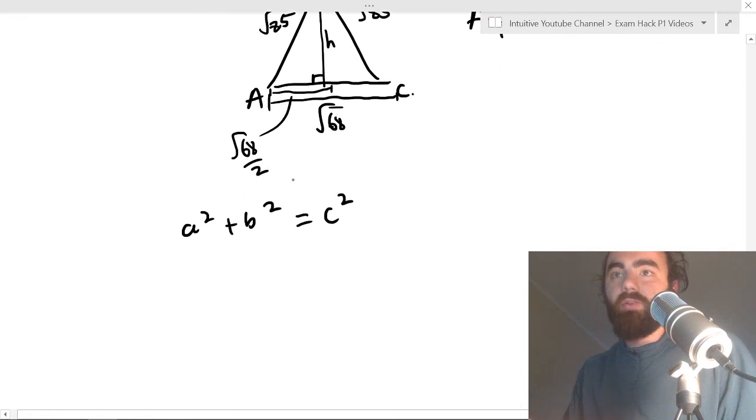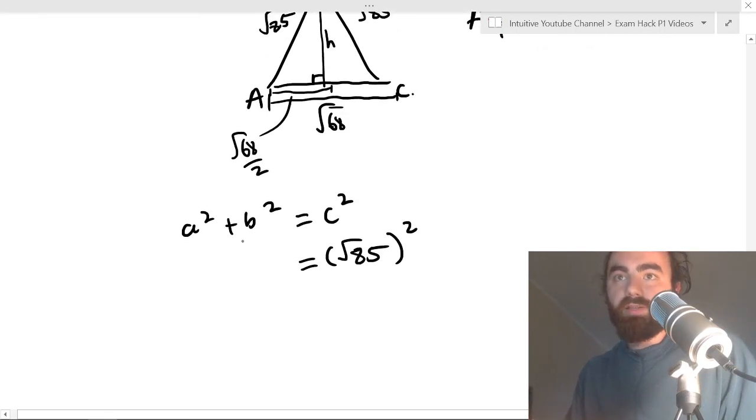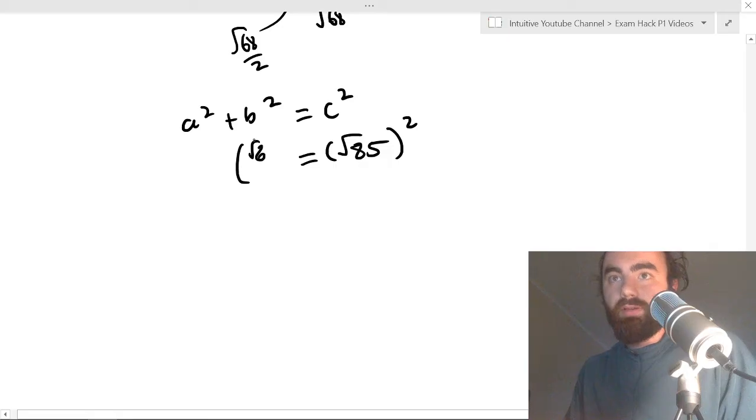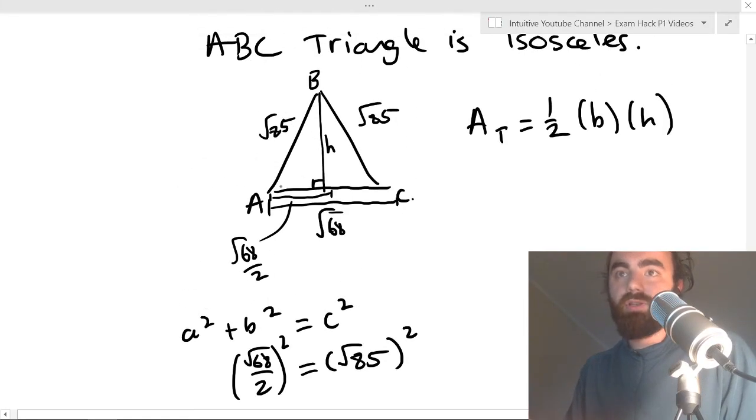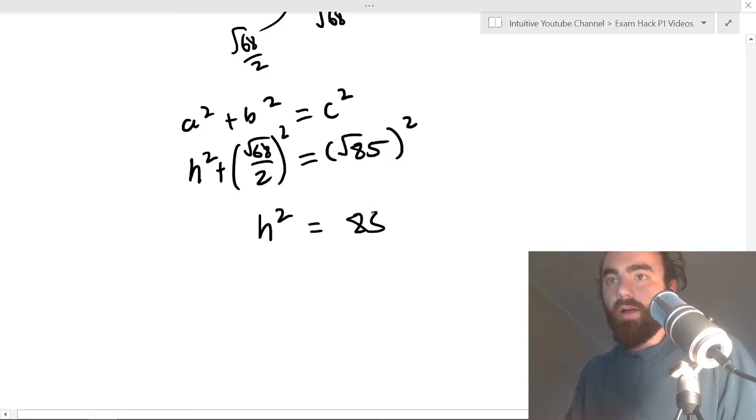Our C squared is the square root of 85 squared, and our B squared can be the square root of 68 over 2 squared, and then A squared can be our H. It's just a right angle triangle. This is Pythagoras' theorem, so this is H squared. So we can solve for h. We get h squared equals 85 minus 68 over 4.